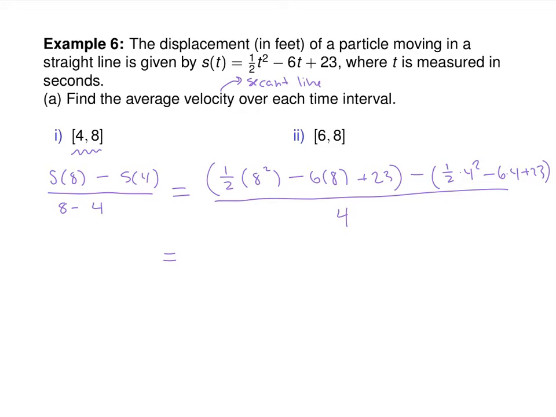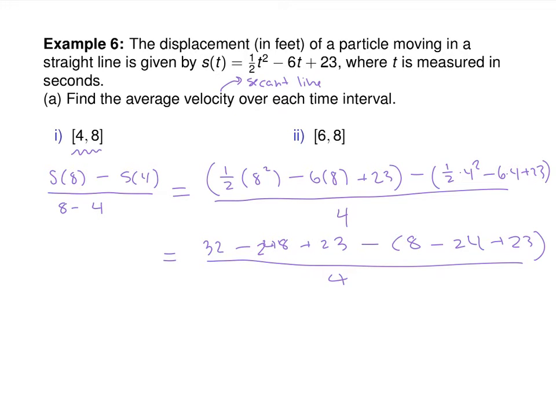Okay, so this is what? 64 halved is 32, minus 24. No, 8 times 6 isn't 24. It's 48. I don't know what I was thinking. Plus 23. And then minus parenthesis, that's going to be, I think, 8 minus 24 plus 23.